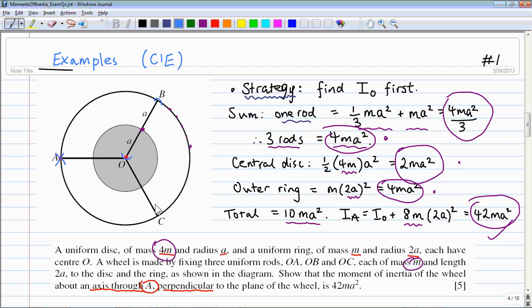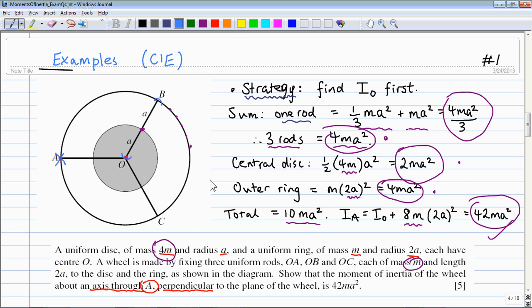And then obviously OC will be the same, but OA will be different, and then we'll have to use the parallel axis theorem again for the disk and again for the ring. So it's going to be, I would say, about twice as much calculation doing it that way. So do think about the most efficient way of doing this kind of calculation.